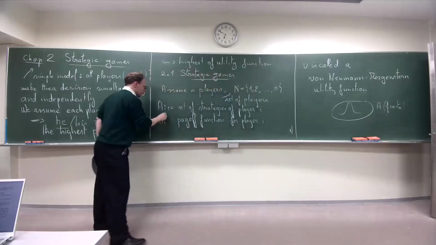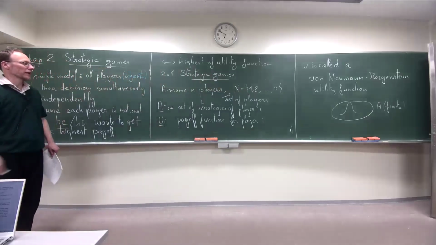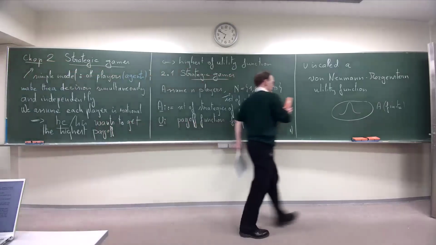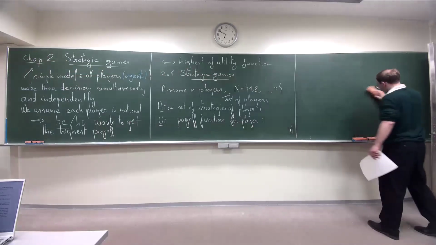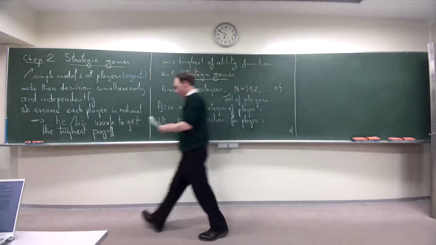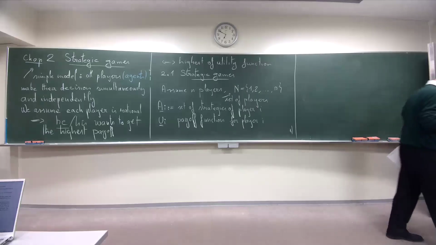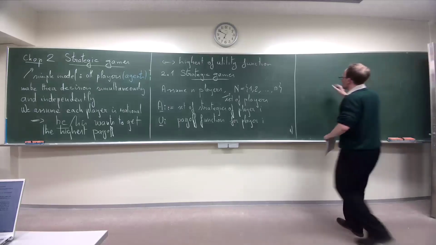What I introduced before without the i is now with the i, so we have n sets A_i and n utility functions or payoff functions U_i with the index i. Okay. So that's quite natural. And now what is a game? In this subject, I observe you have to be very precise with definitions, because otherwise you simply don't know what you're talking about. So we have to stick to the definition. Be careful with this.